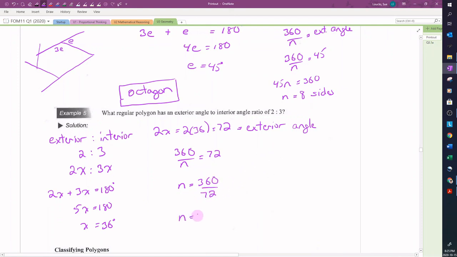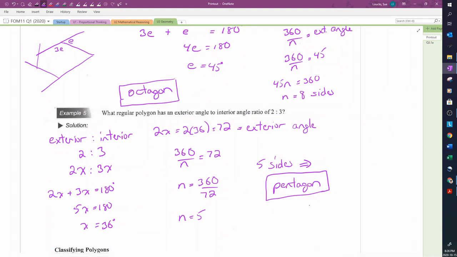So n equals 5. So it's a 5-sided polygon, which we call a pentagon. That's my answer. What kind of polygon has an exterior angle to interior angle ratio of 2 to 3? Okay?